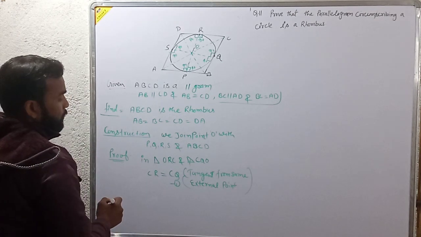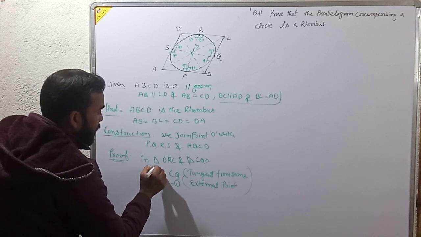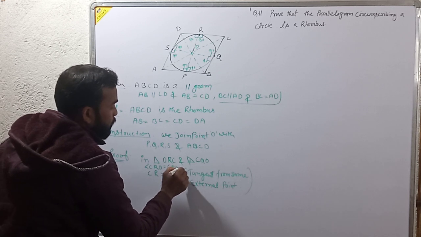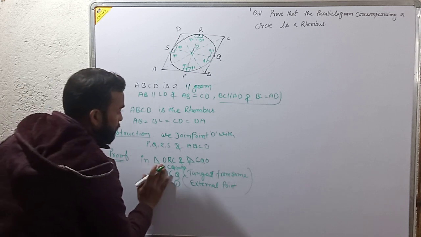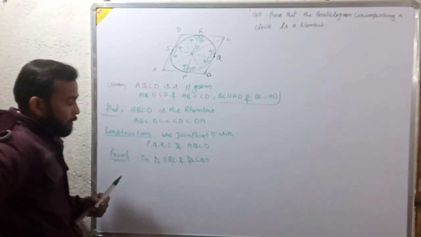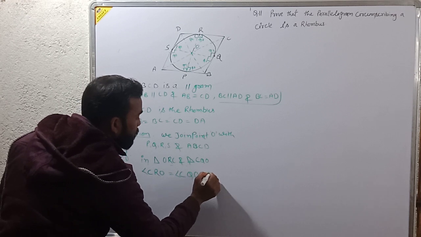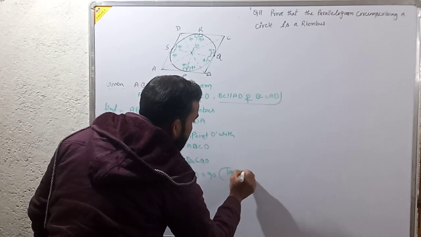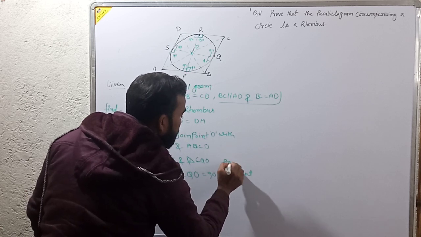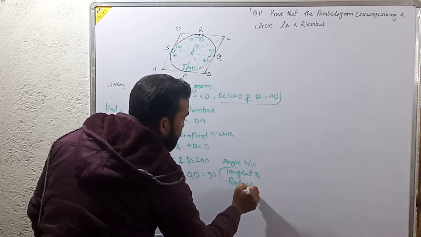This is equation number first. And angle CRO equals angle CQO is equal to 90 degrees, the angle between tangent and radius.